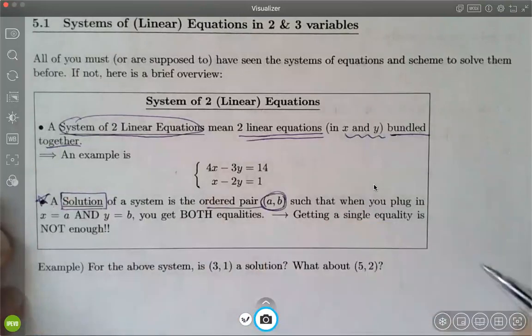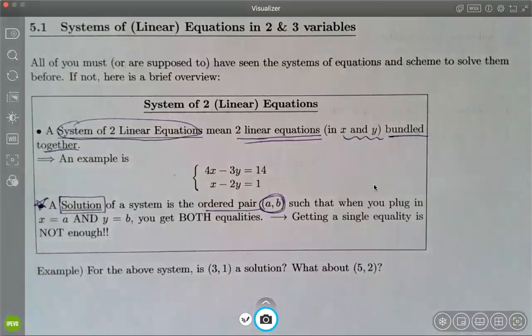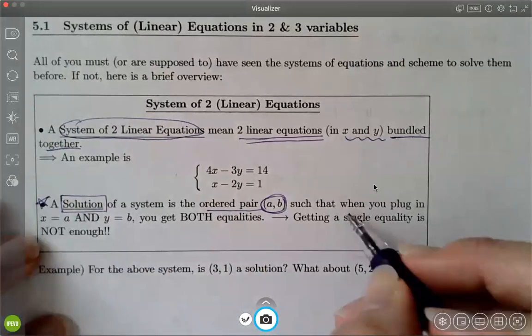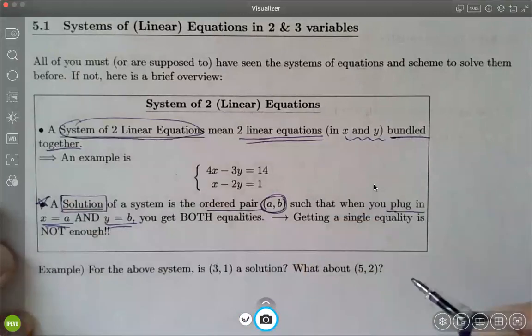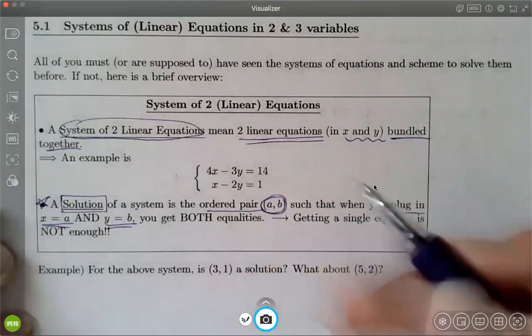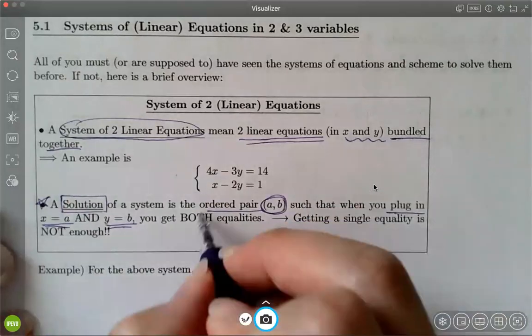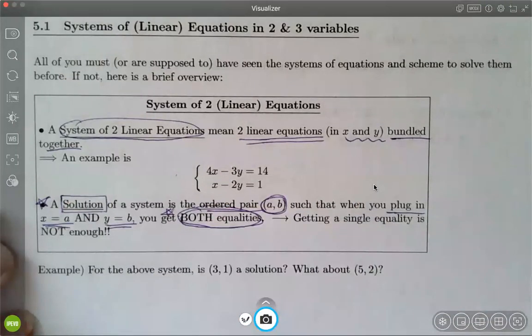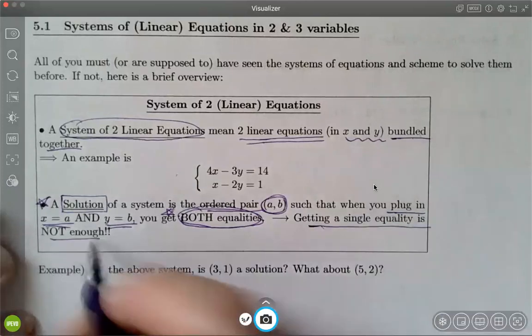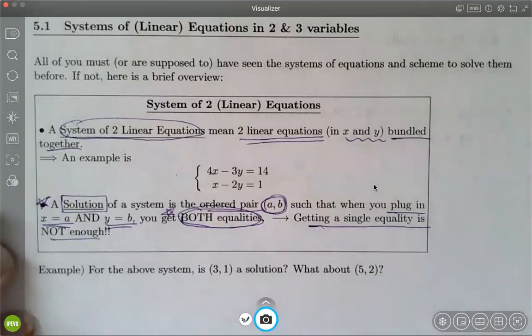So the solution means the point a, b, such that when you plug in x equals a and y equals b to both equations, how many equal signs do you have to get? 2. Okay, now what if you got an equality on one of the equations, but not on the other equation? That is not a solution. So you must get 2 equalities, not 1.